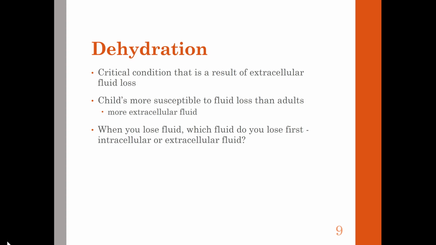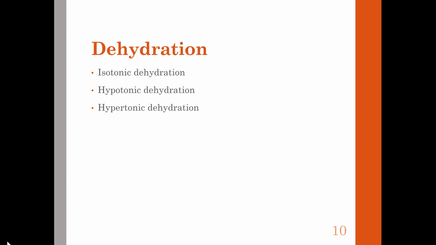All right, so dehydration is a critical condition that's a result of extracellular fluid loss. And we talked about how, again, children have more extracellular space, and so they're more likely to get dehydrated. And there are 3 types of dehydration. I'm going to go over all of them briefly. You don't need to memorize them, but it's good to know what each of them means.